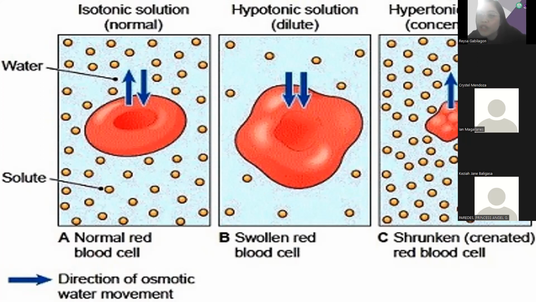We don't inject water, just water, pure water directly to the vein kasi wala siyang solute. So magkakaroon ng osmosis. Since walang solute, the outside of the cells in the blood will be less concentrated, so papasok yung tubig sa loob ng red blood cells.